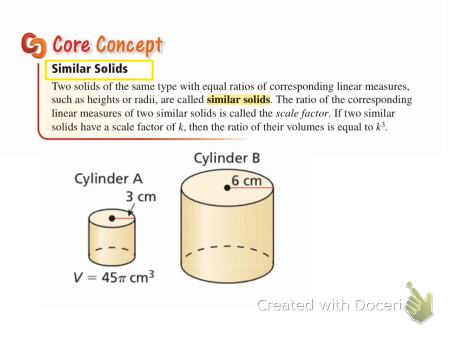So two solids of the same type with equal ratios of corresponding linear measures, such as heights and radii, or any kind of dimension, that get bigger or smaller with the same ratio, are called similar solids. And that ratio is called the scale factor.